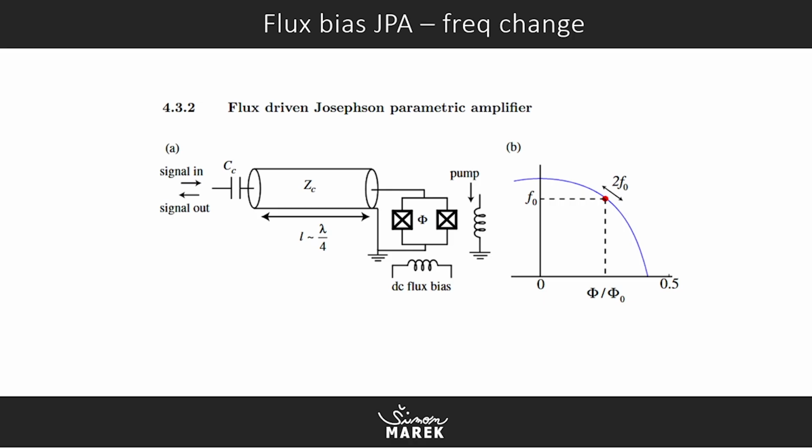So there is flux bias for the Josephson parametric amplifier, and you can see that by adjusting the flux, we can adjust the frequency. This is basically a coplanar waveguide, or transmission line, or meander, which can be represented by this schematic symbol, but we can also break it down into lumped elements, which are a capacitor and inductor.